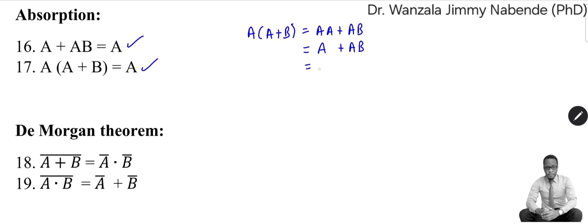If we pull out the common term, A, it will be 1 plus B. Anything added to 1 is 1. So it will be A times 1, giving us an A.